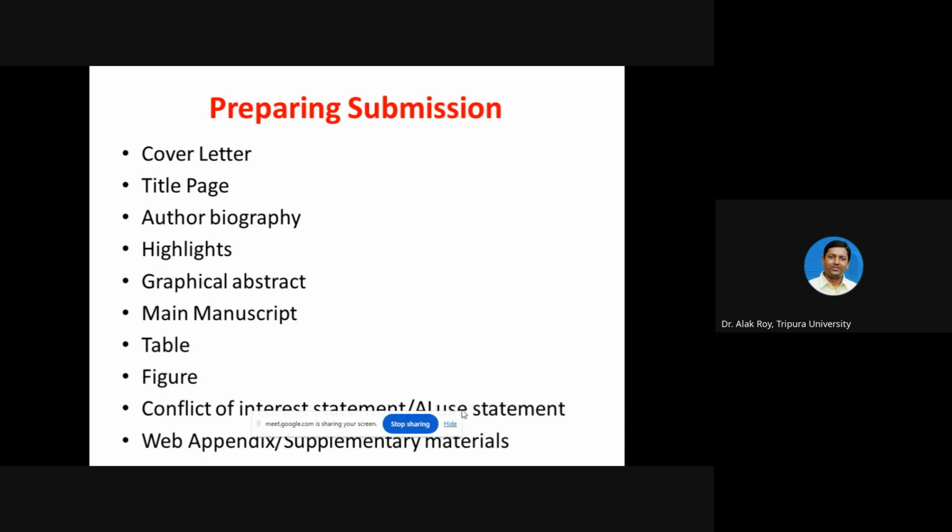How to identify that a journal is authentic or it is predatory or not. Okay. So identifying predatory journals. There are some common ideas which you need to understand.